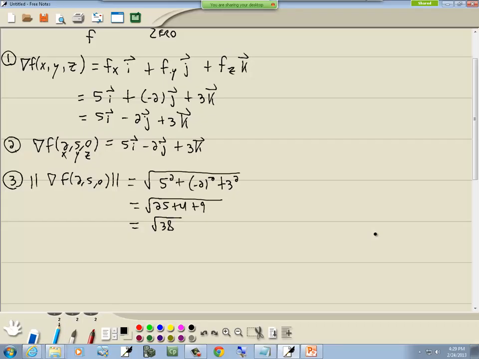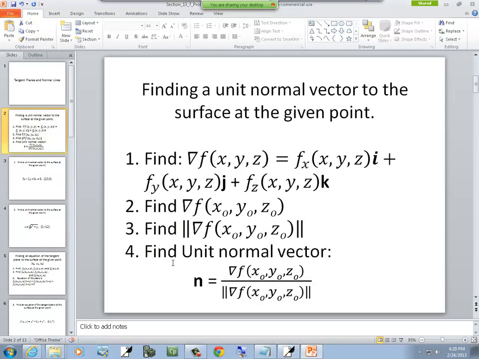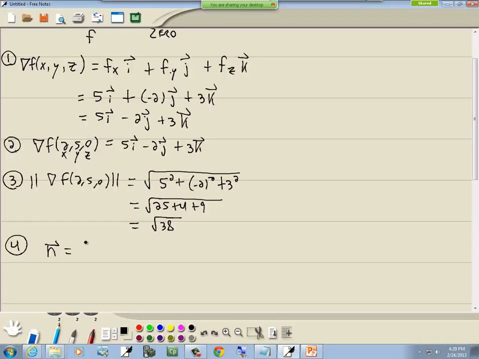Then our unit normal vector is going to equal del f over the magnitude of del f. And that's after we plug the point in.